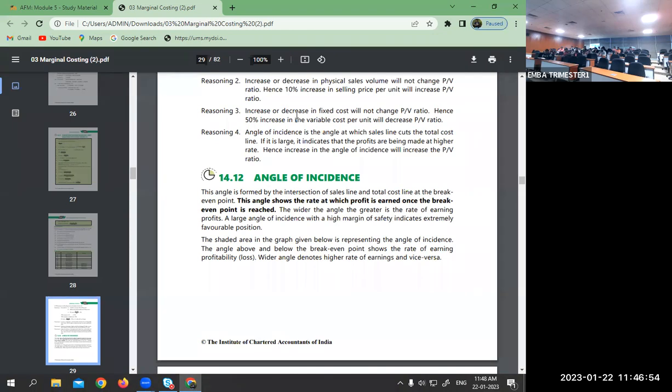I may tell you outstanding rent, adjustments, accrued interest. If it is outstanding rent, what should you do? You have to write: it will be added with the rent while preparing the profit and loss account under the heading called other expenses.